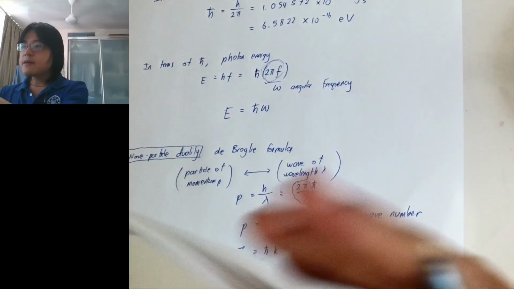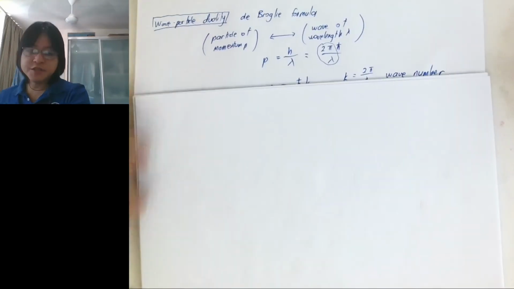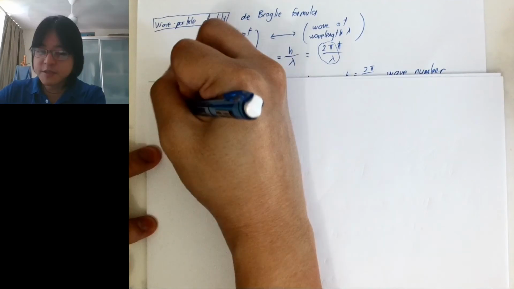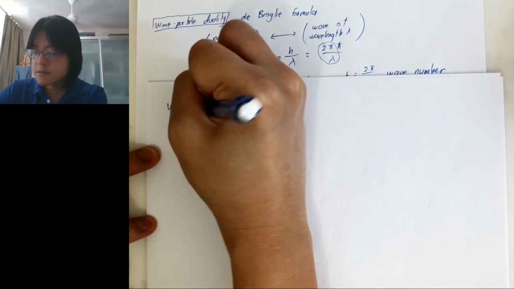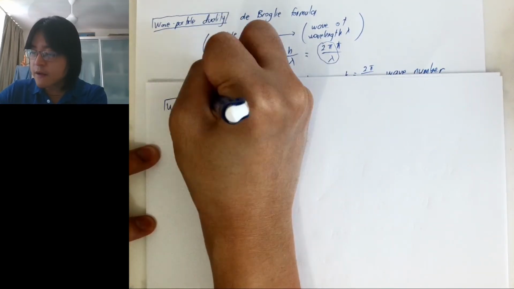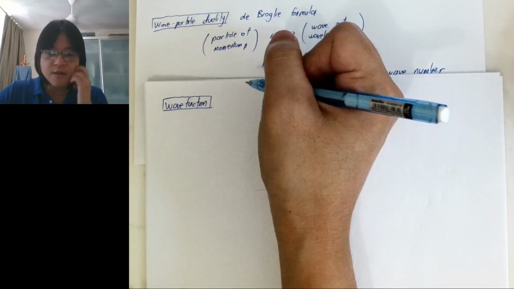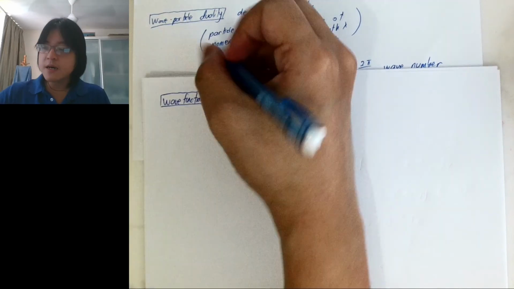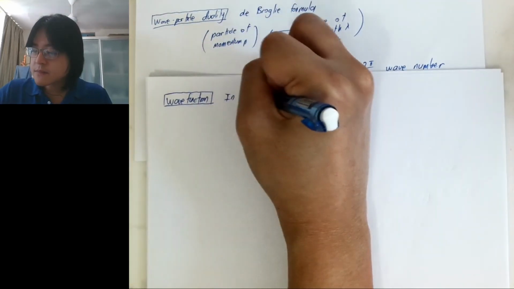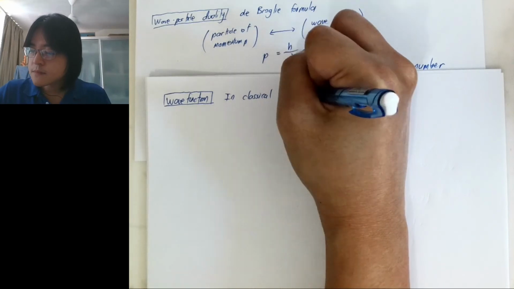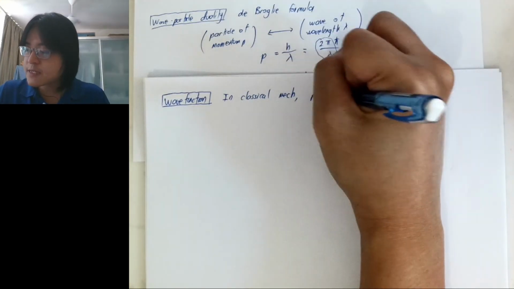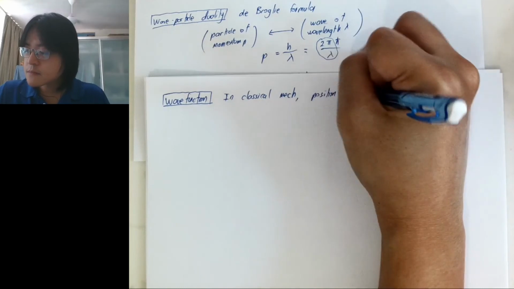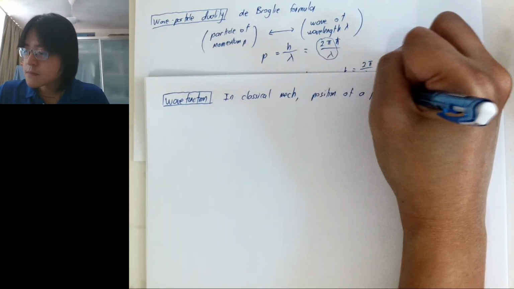Another early concept in quantum mechanics is the idea of the wave function. In fact, we will spend a lot of time on the wave function later, so I'll just mention it briefly. The difference is that in classical mechanics, the position of a particle is precise.